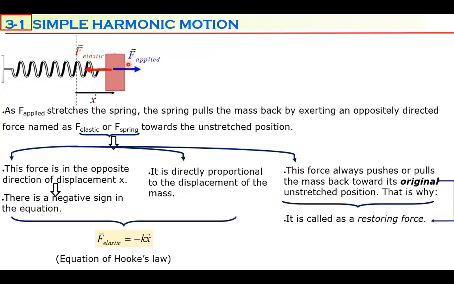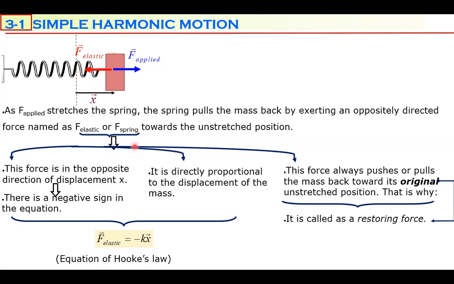When you are pulling, you are going to feel that some other force is pulling the object back. This force is applied by the spring. As you pull the object to the right, the spring is pulling the object back to the unstretched position, to the left. So if the applied force stretches the spring, the spring pulls the mass back by exerting an oppositely directed force, named the elastic force or spring force, towards the unstretched position.